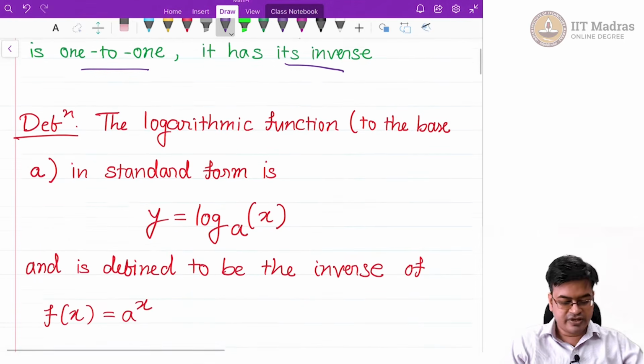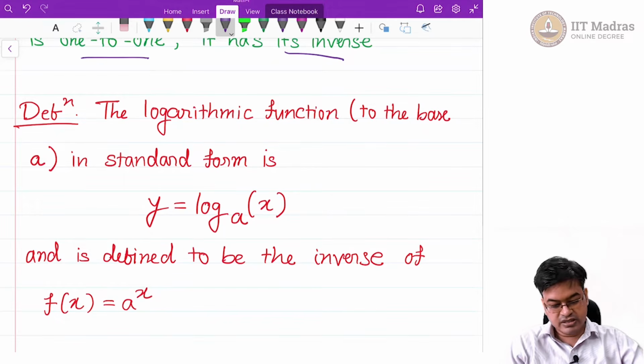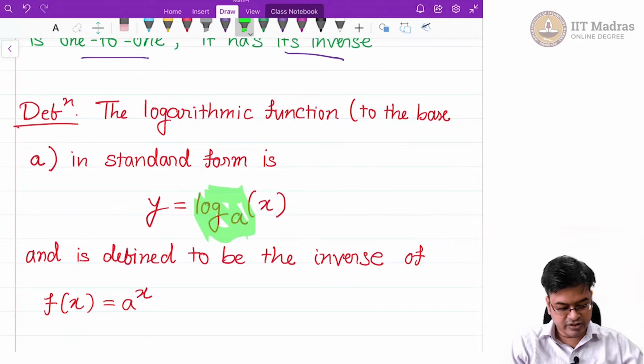So here is a definition of a logarithmic function. The definition says that the logarithmic function to the base a in the standard form is given by y is equal to log to the base a of x. So remember, this function is represented by log to the base a, and x is the argument of the function.